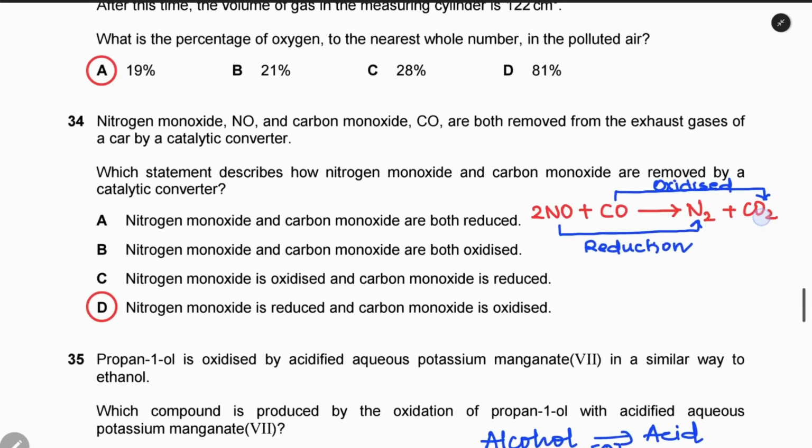Next question. Nitrogen monoxide and carbon monoxide are both removed from the exhaust gases of a car by a catalytic converter. Which statement describes how nitrogen monoxide and carbon monoxide are removed by a catalytic converter? So first you should know the reactions. Over here I have written for you: nitrogen monoxide reacts with carbon monoxide to get nitrogen gas and carbon dioxide. If you look at the reactant side, with nitrogen, oxygen is present, but on the product side there is no oxygen. That means there is a removal of oxygen.